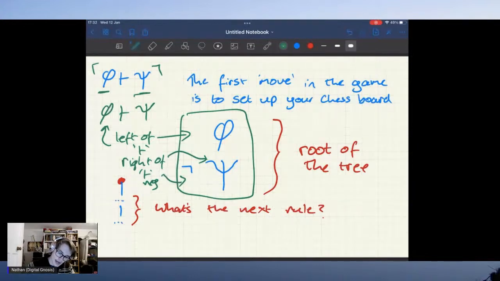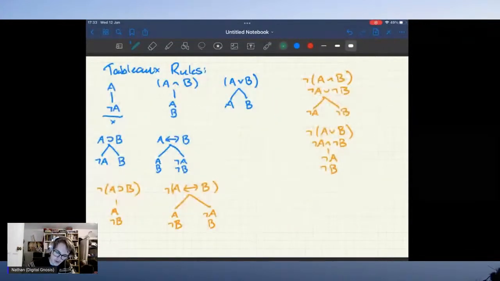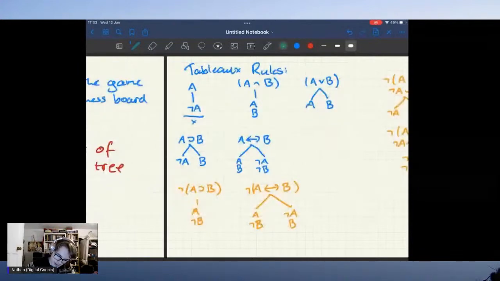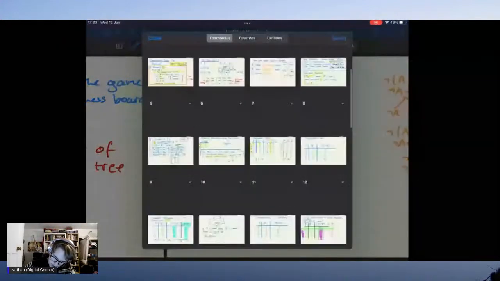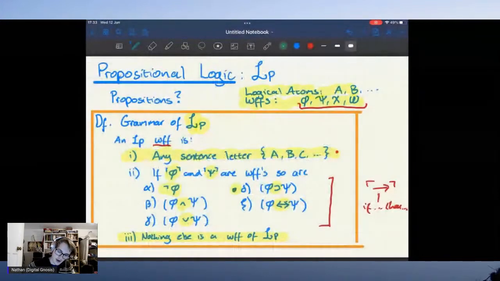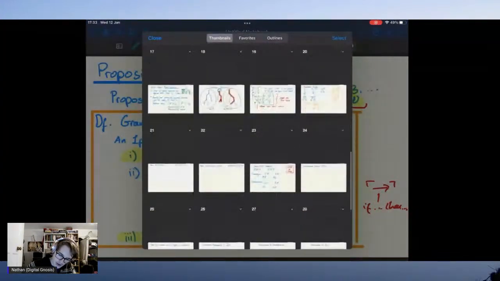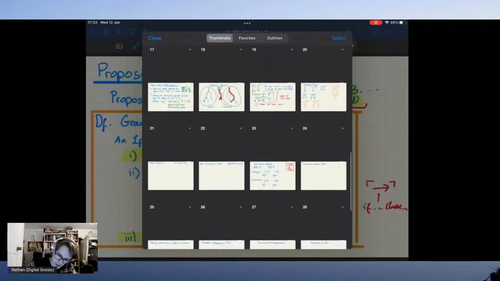Okay, so what's the next rule that we apply? Well, here are our Tableau rules. If you remember, in our grammar, each of these are well-formed formulas. And what I've got here is a Tableau rule for each of the well-formed formulas in our grammar.